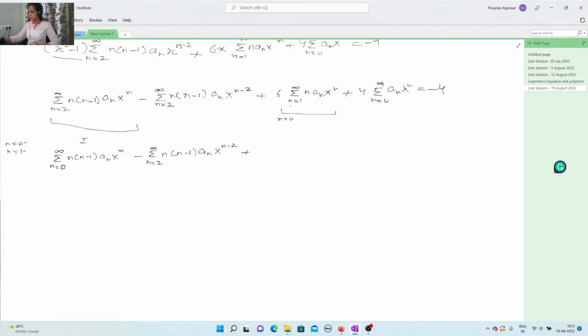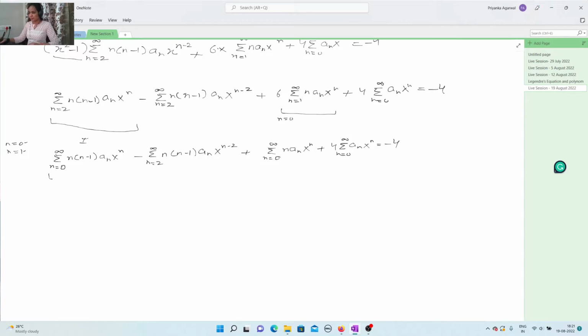So instead of writing n starts from 1, we can also write n starts from 0, right? So n starts from 0 till infinity 6n a_n x^n, and the last term, the summation, already starts from 0, 4 a_n x^n equals minus 4.